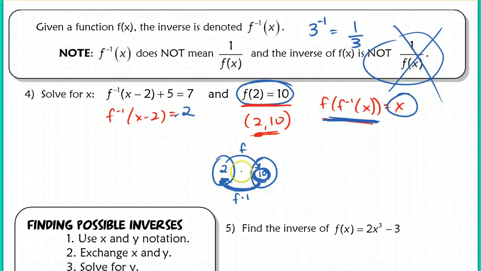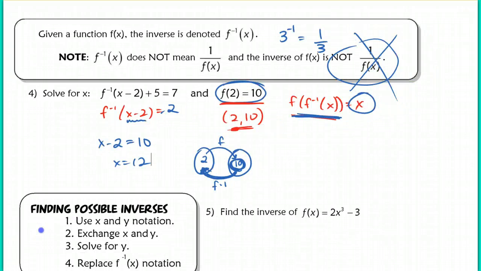That's the definition of 1 to 1. So this input here has to equal 10. That's pretty much how we get it, in 3 different ways.